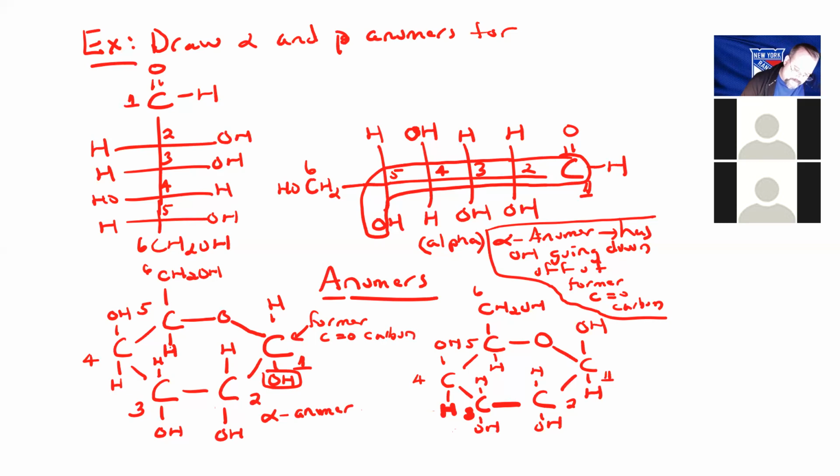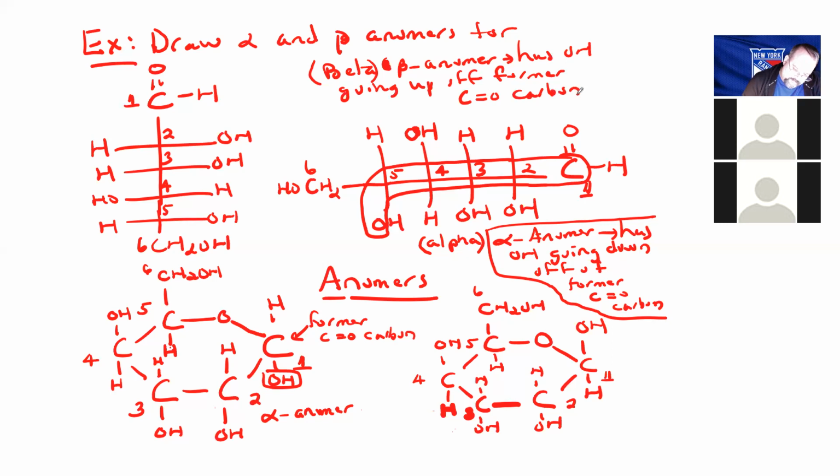On the other hand, the beta anomer has the OH going up off the former C=O carbon.